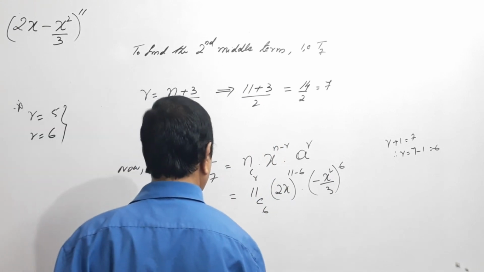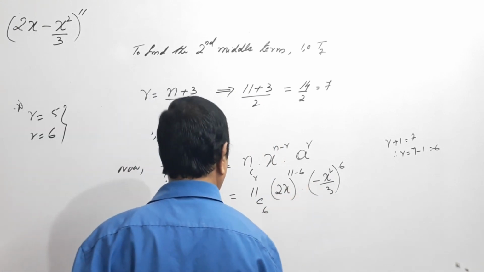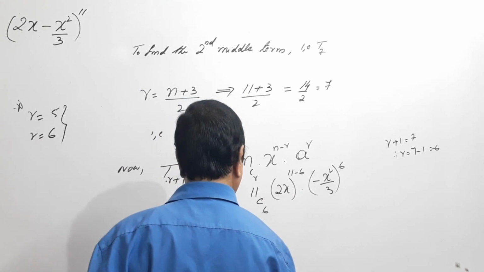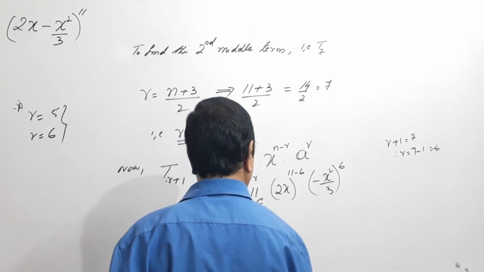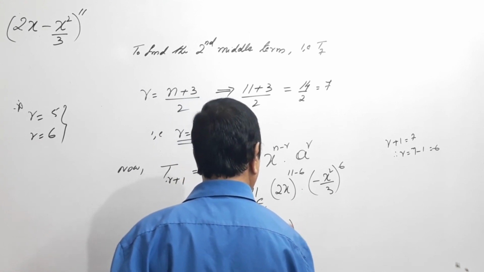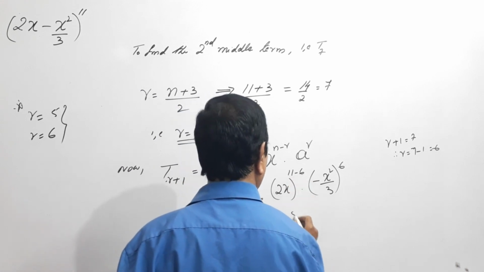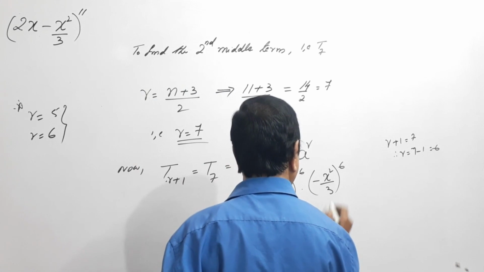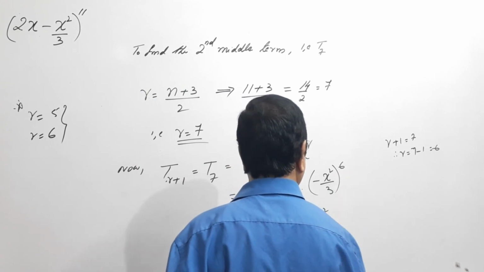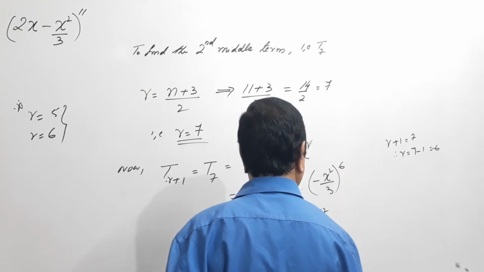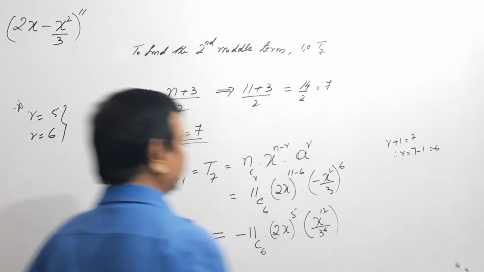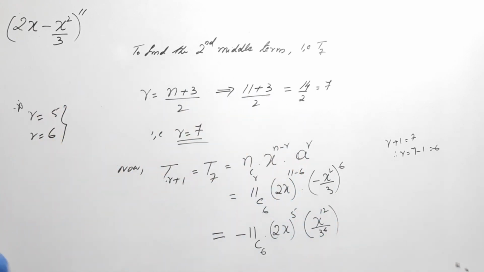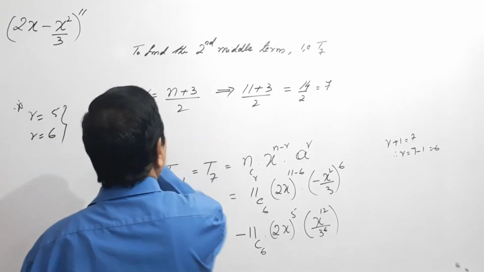So this is equal to, I take this minus sign here, minus 11C6, 2 to the power of 11 minus 6, which is 5, and this is x to the power of 12 by 3 to the power of 6.